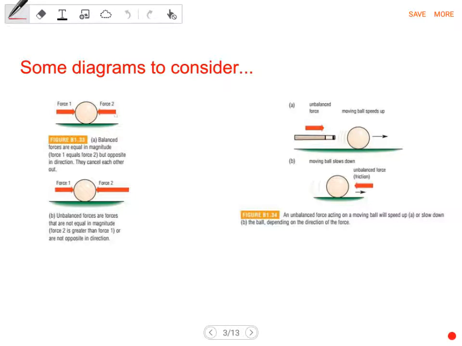When you have equal and opposing forces, in this case in B, one force is stronger than the other. Here you have unbalanced forces again. I'd like you on your own time to pause the video and have a read on that. This will help you understand what a force is and why it causes things to move, speed up, slow down, etc.